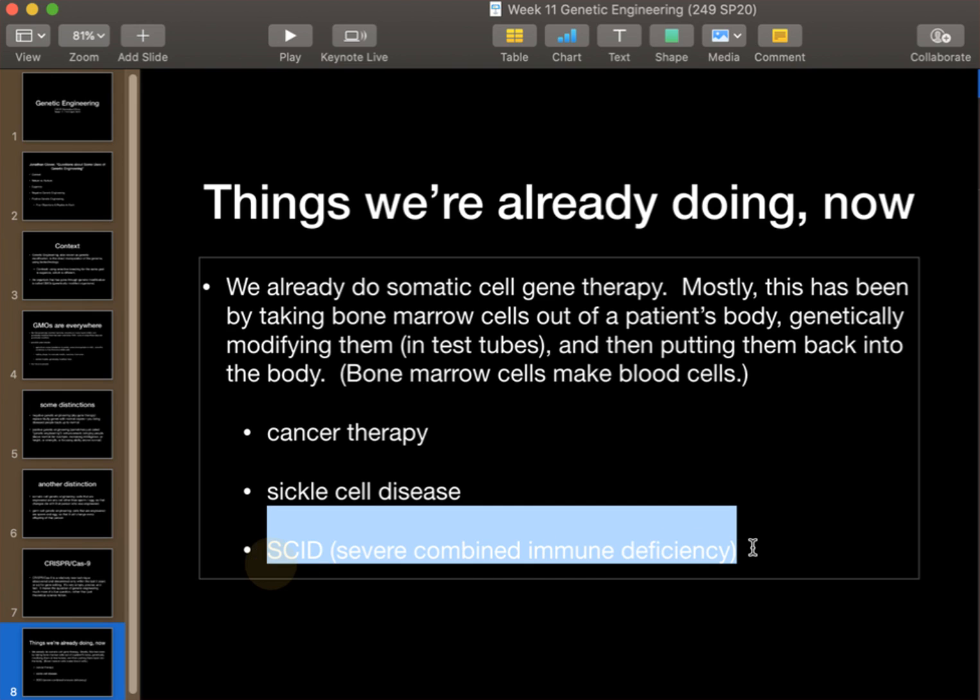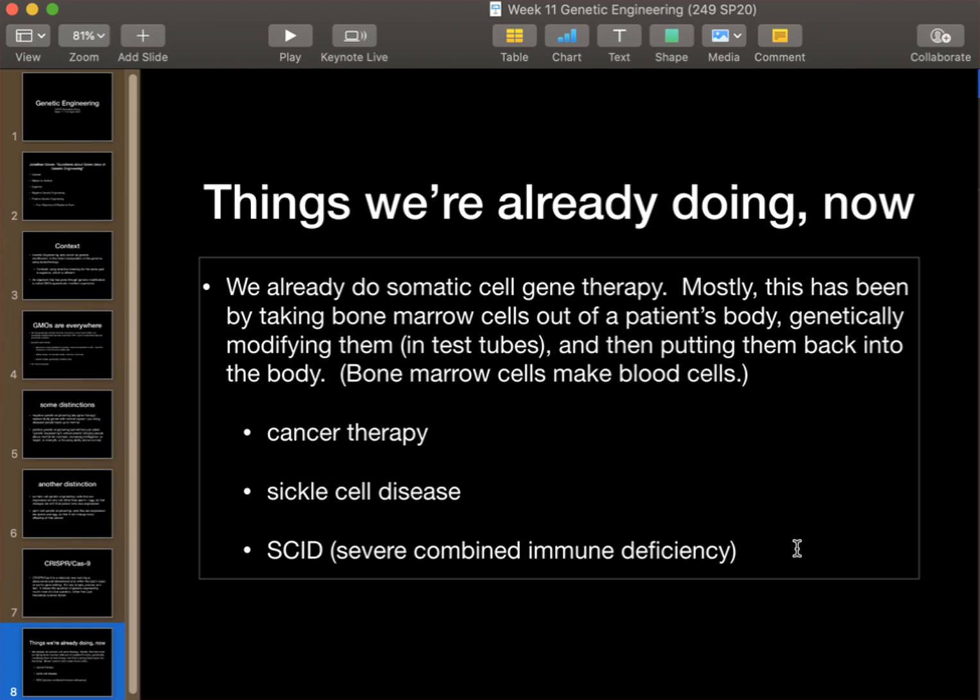There's this phrase you may know from pop culture called the bubble boy. There was one of these, I think, alive in the 80s. He had this disease, severe combined immune deficiency. What this means is he basically had no way to fight off any infection in his body. So if he gets a cut, he'll die. If any bacteria goes through his skin or into his blood, he'll die because his body cannot fight it off.